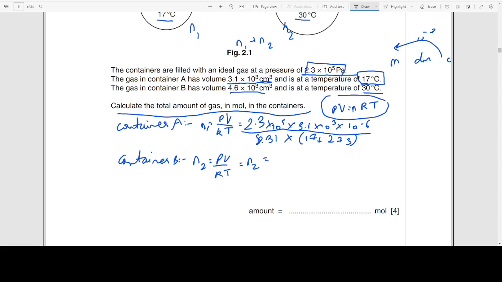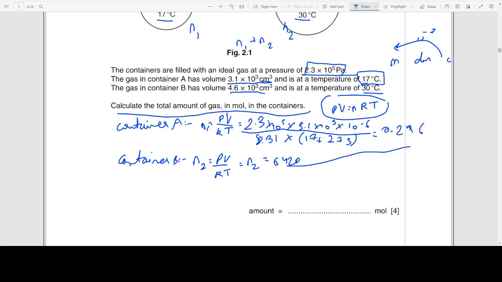And I guess we get N2 as 0.420, and N1 as around, I'm just calculating, around 0.296.